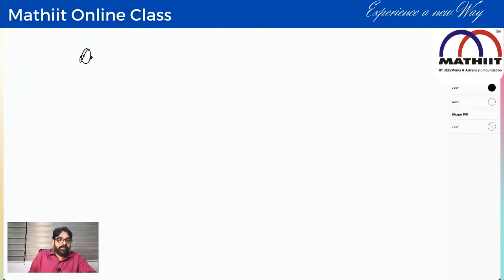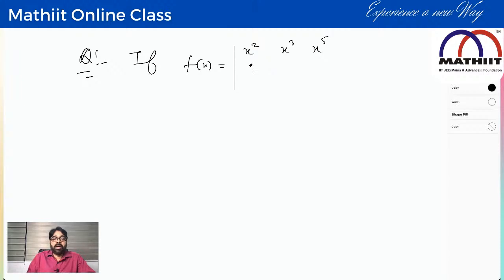One question, write it very quickly. Everybody has to do it. If f(x) equals the determinant x squared, x cubed, x to the power 5, minus 3, 7, 8, and 2, 3, 5, then find f'(1).